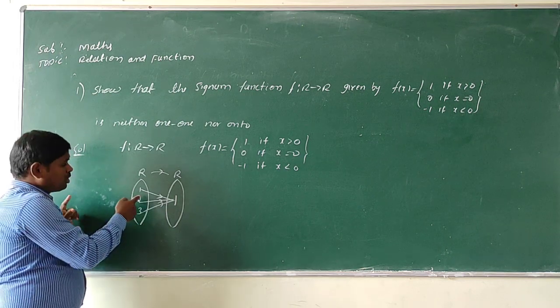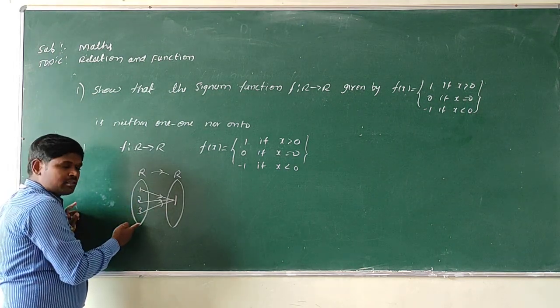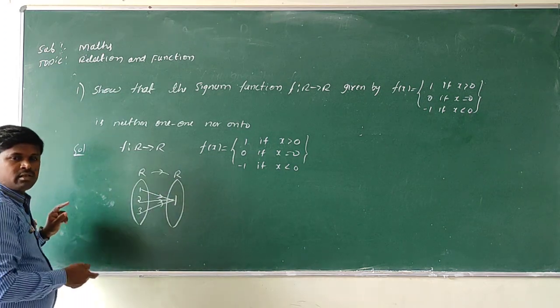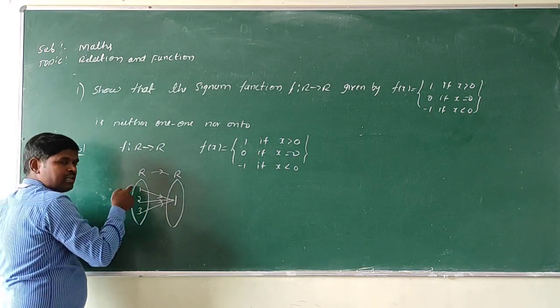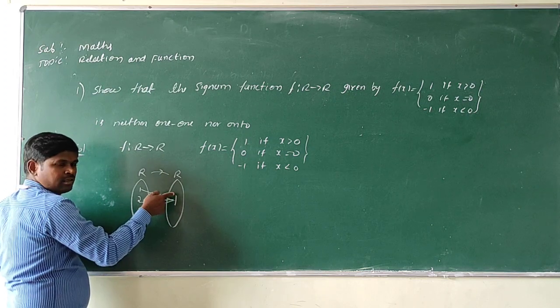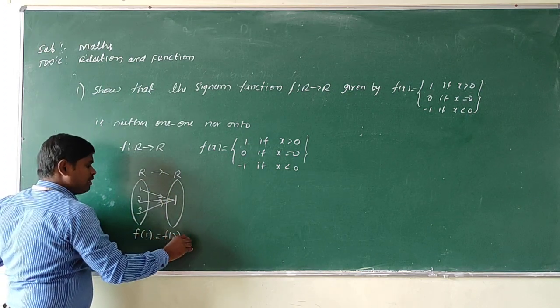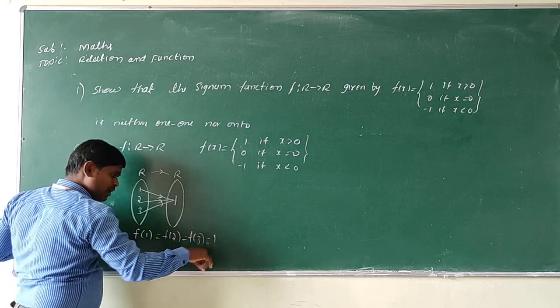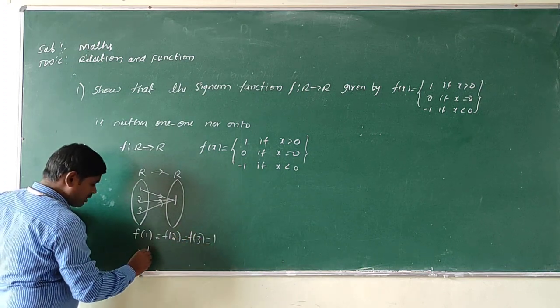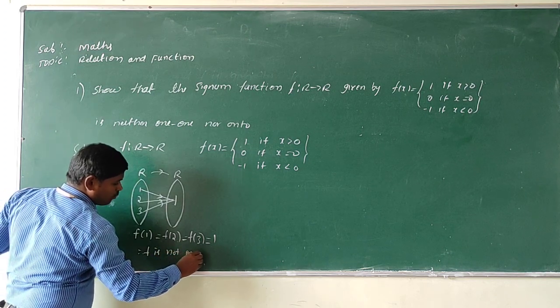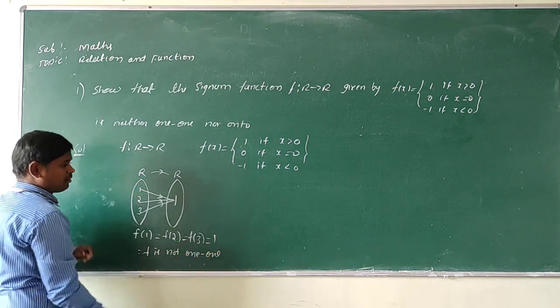That means one or more elements in the domain have the same image. So f of 1 is equal to f of 2 is equal to f of 3 is equal to 1. Therefore f is not 1-1.